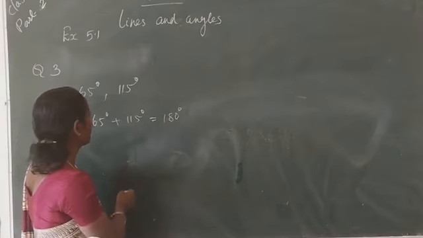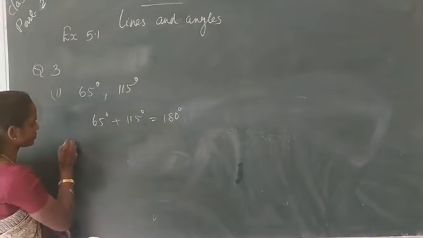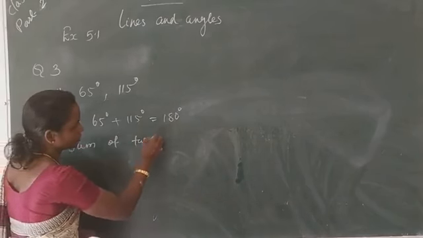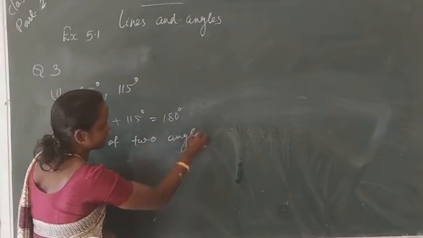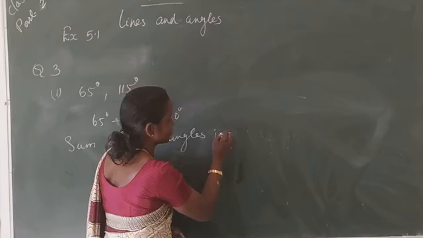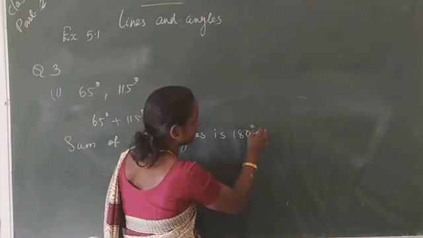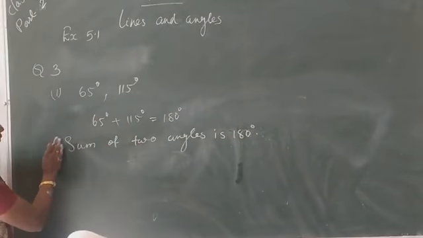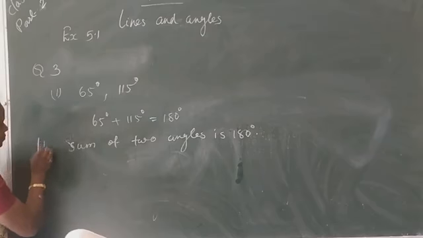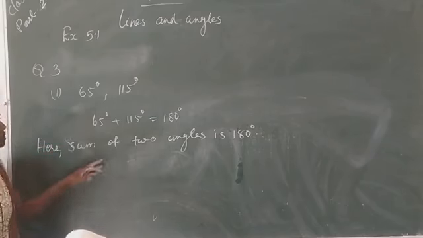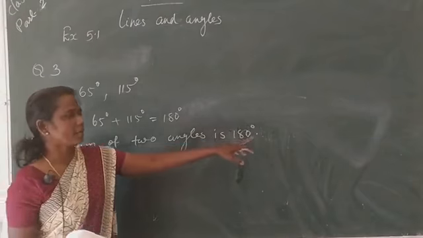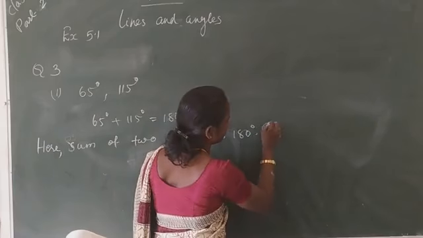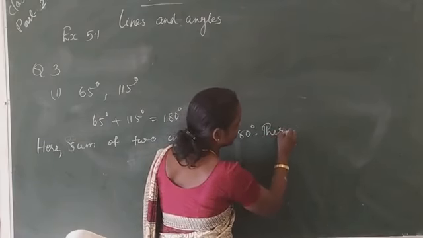So we can write that the sum of the two angles is 180 degrees, therefore these are supplementary angles.